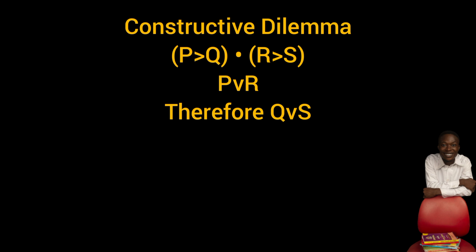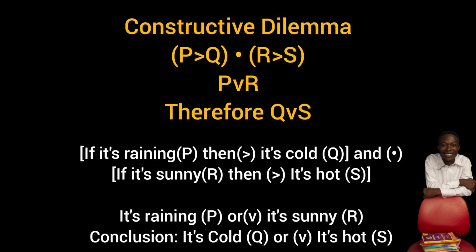The second premise is P or R. Then the conclusion is Q or S. Now we can take the first one as it's raining, that is P. Then it's cold, that is Q. And joining them together, it's sunny, that is R, then it's hot, that is S. So premise 2 we could say it's raining or it's sunny, that is P or R, and then in the conclusion we can say it is cold or it is hot.